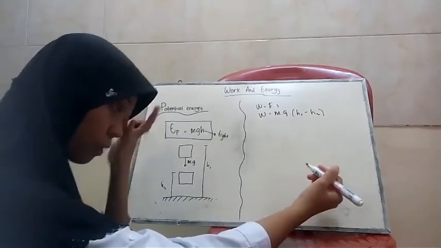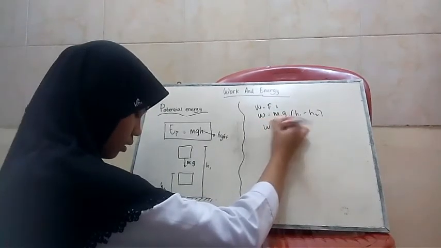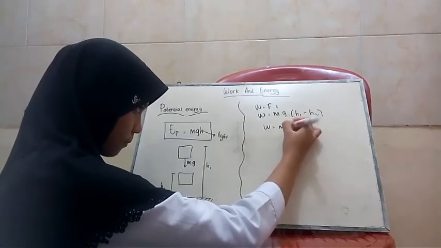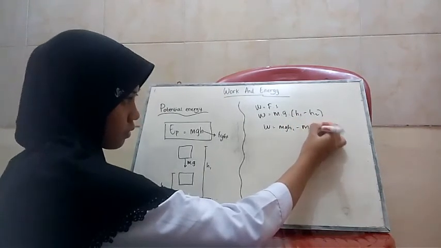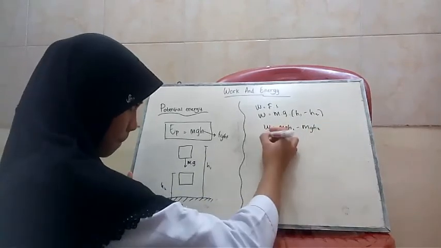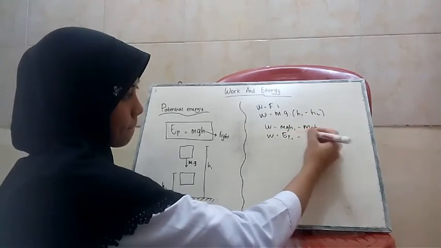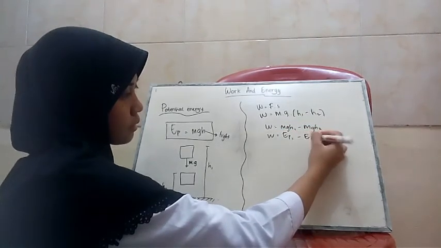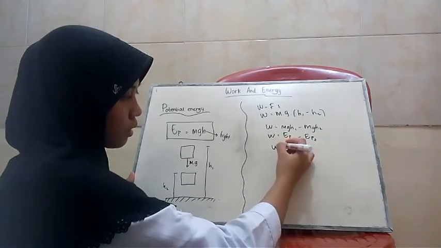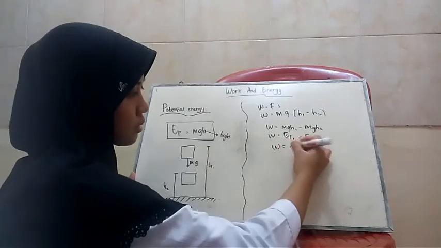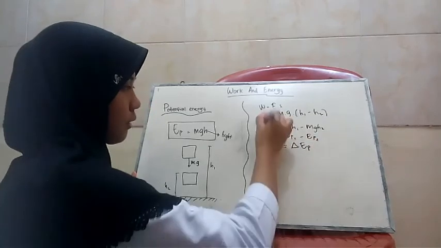So from here we can know that work equals delta potential energy.